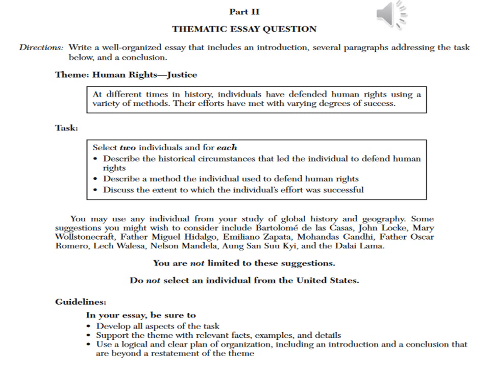And right here, we're given a list of individuals. You might use any individual from your study of global history and geography. That's very important. This is done so that you guys are not limited to what they're giving you below.